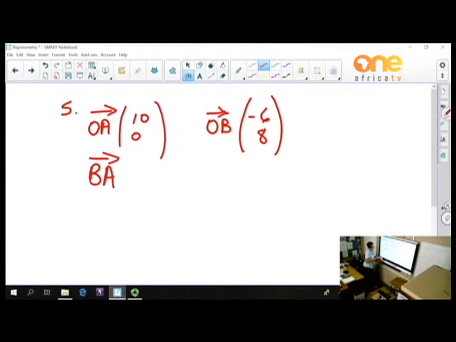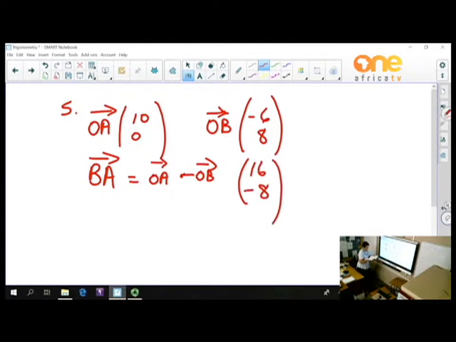So what we've said already is, what is BA? It will be OA minus OB. So it is this one minus this one. So 10 minus -6 is then 16. And 0 minus 8 is -8. There's my column vector.